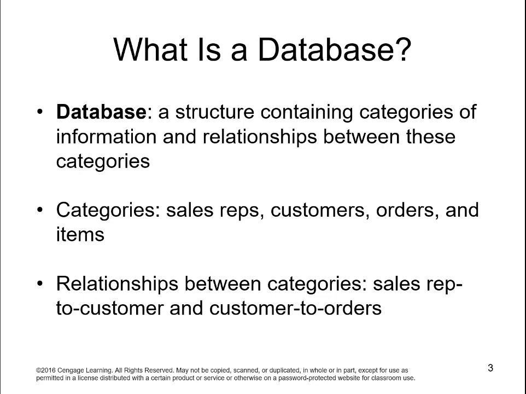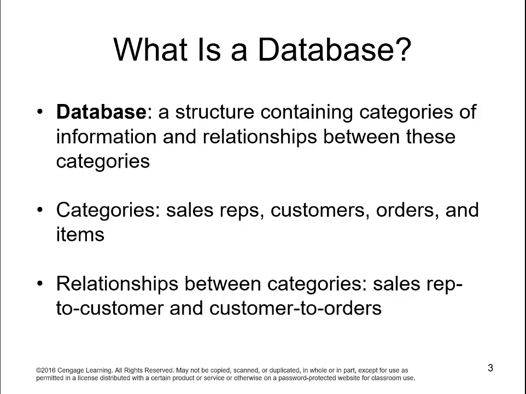So what is a database? A database is a structure containing categories of information and relationships between these categories. Remember that categories are what we're going to call tables down the road, but they're actually known as categories. They're sales reps, maybe some customers, maybe a category of orders. Think of all the things you could have categories about.